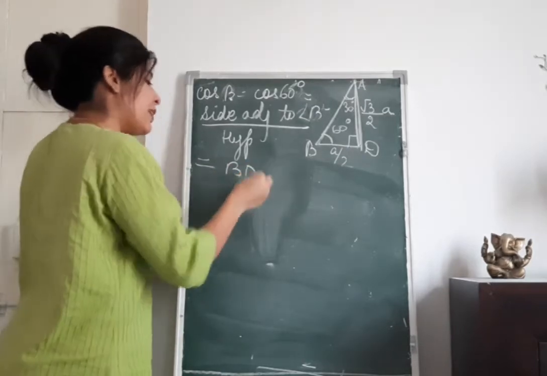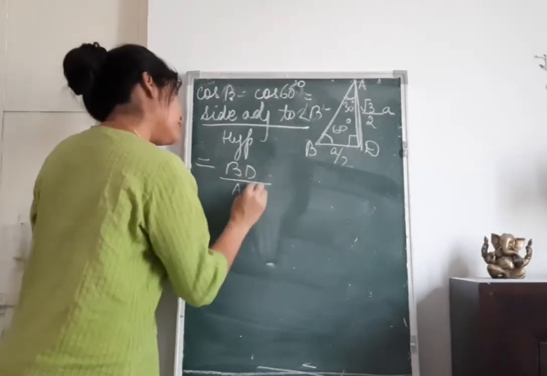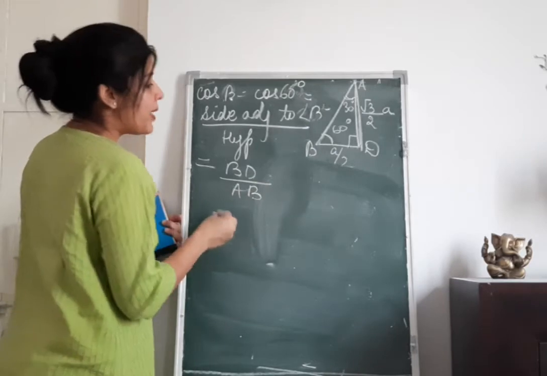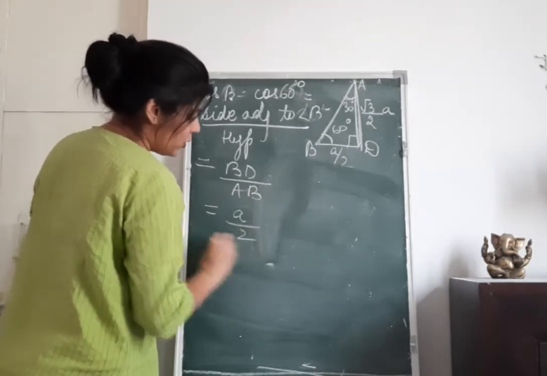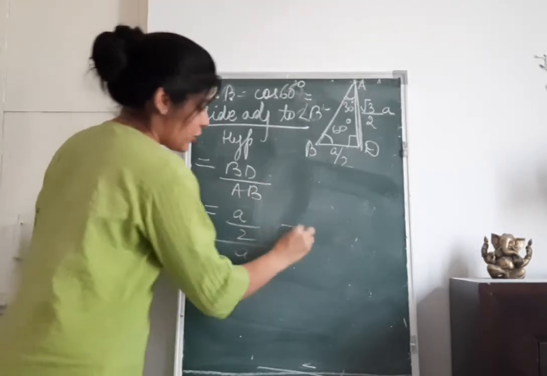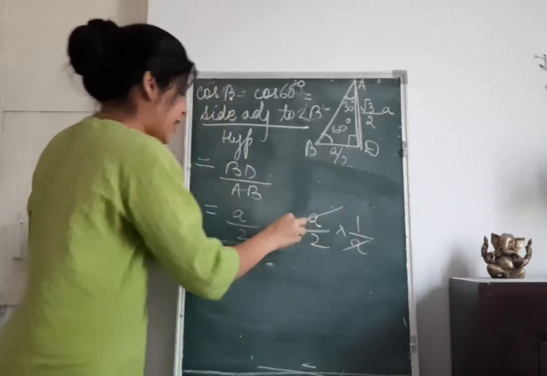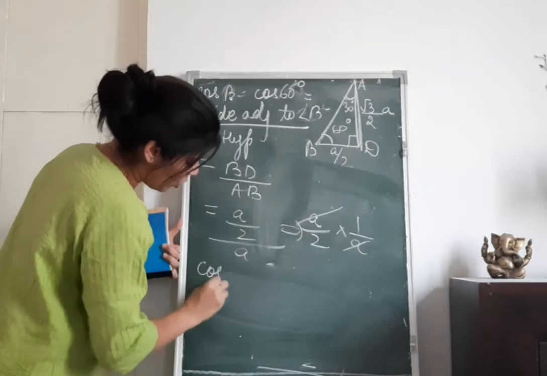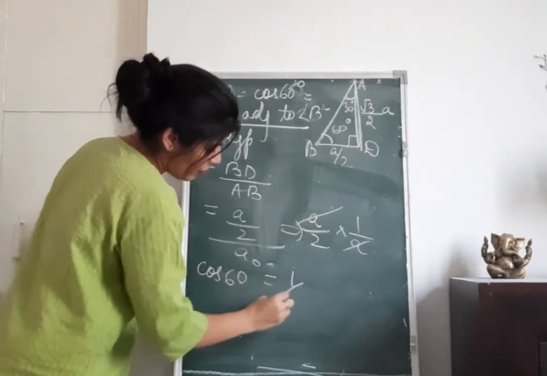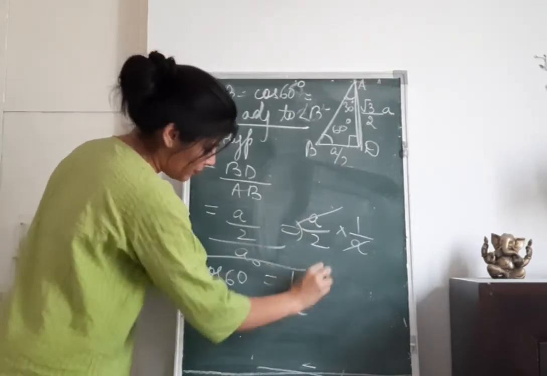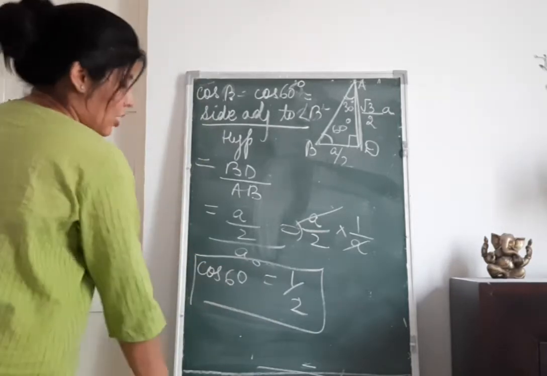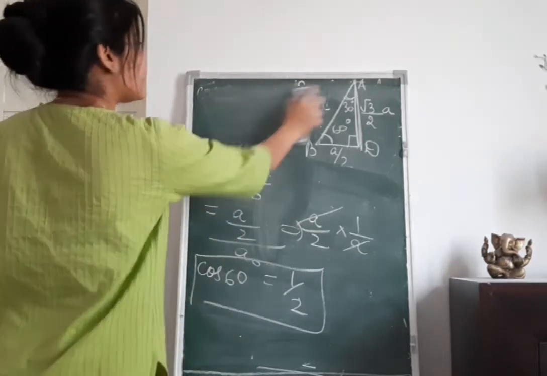It is BD. What is hypotenuse equal to? AB. BD is equal to A by 2. AB is A. If you solve, A by 2 into 1 by A, A and A will get cancelled. That gives me cos of 60 degree as 1 by 2. So now we have found out the value of cos 30 and cos 60 degree.